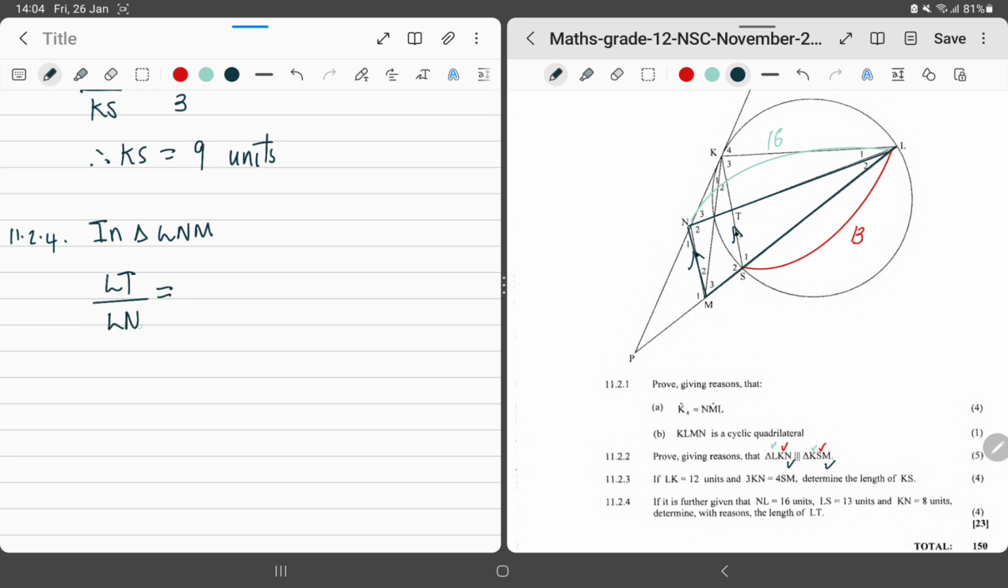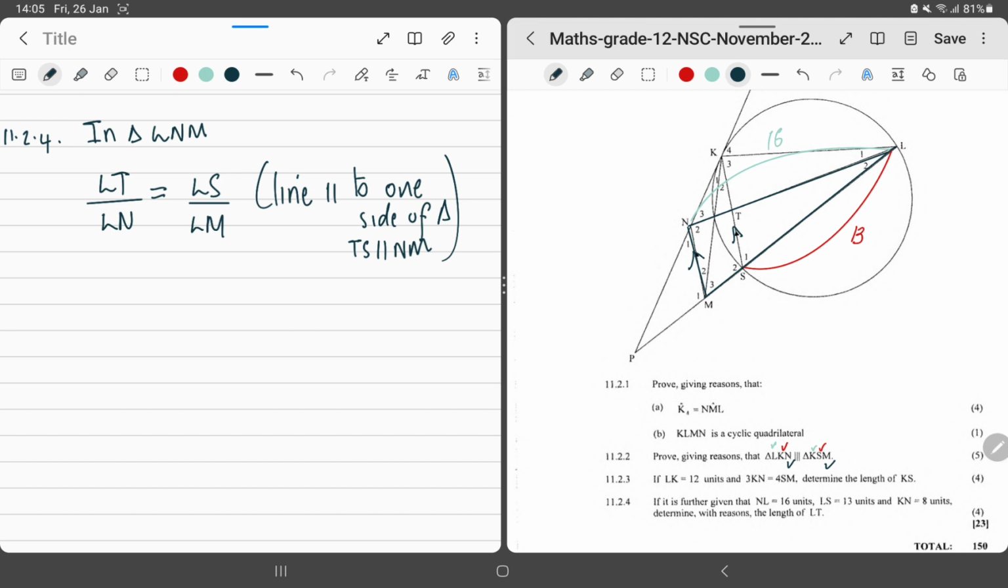So it's LT over LN, and LT corresponds with LS, LN goes with LM. This is because of a line parallel to one side of a triangle. That's TS parallel to NM.